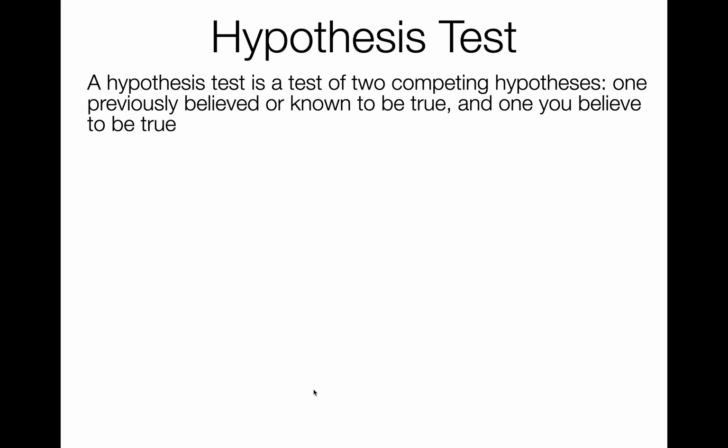So in my example with a coin, the two competing hypotheses were that the coin is fair and that the coin is unfair. The first one, the one previously believed or known to be true, or the one that you want to prove wrong, would be that the coin was fair. The second one is the one that you believe to be true, that the coin is unfair.